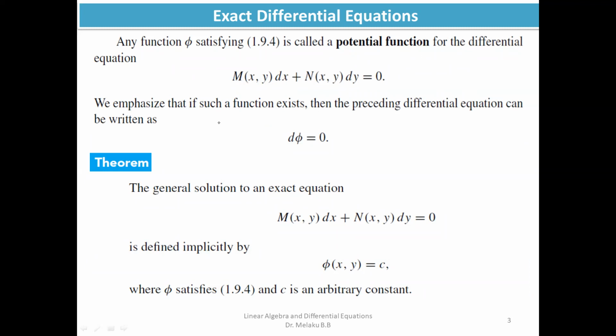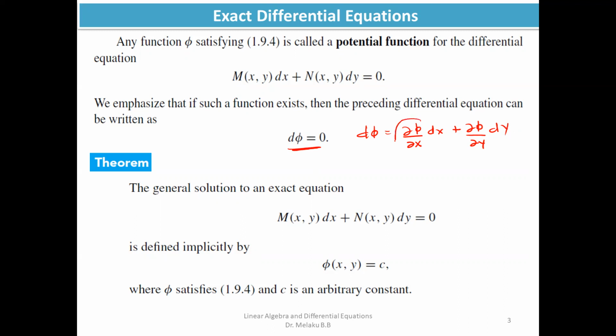We emphasize that if such a potential function exists, then the preceding differential equation can be written as d phi equal to 0, because d phi is equal to the partial of phi with respect to x times dx plus the partial of phi with respect to y times dy, which is equal to 0 in this case.